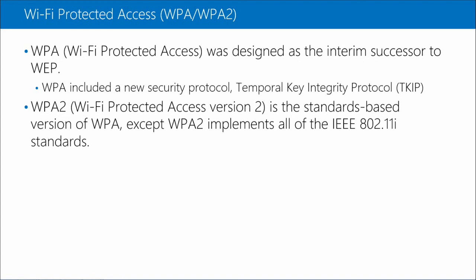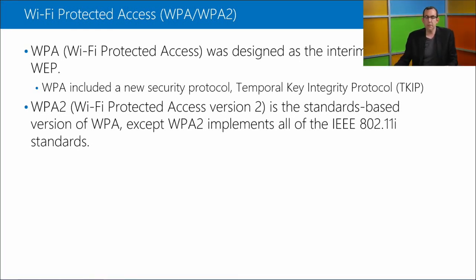Hence the interim: the first one was interim because they were working on the 802.11i standard and its full implementation. Very similar to what they did with 802.11n, which is merely a bandwidth protocol: they started releasing devices for it before the protocol had been finalized and called them draft. You could actually get devices that said draft on the box. It was crazy.